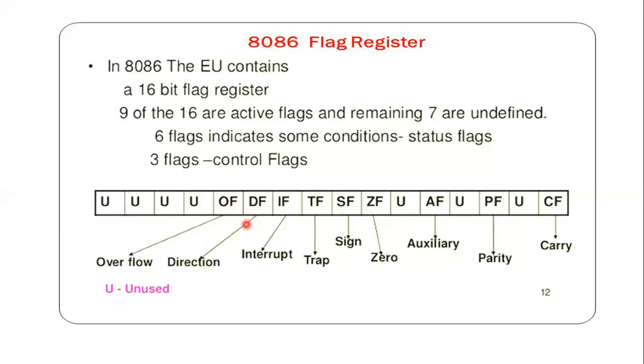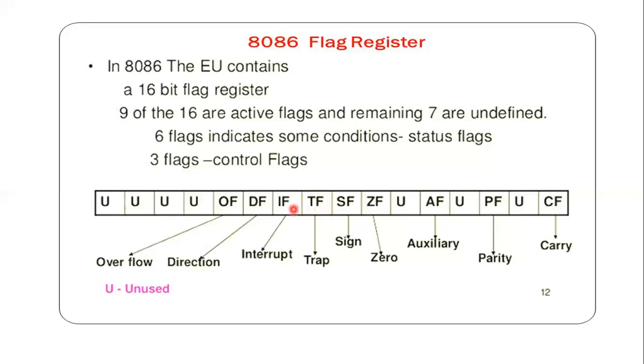And there are three other control flags: the trap flag, the direction flag and the interrupt flag. First one is the trap flag. When the trap flag is set, the 8086 goes into single step mode of operation.